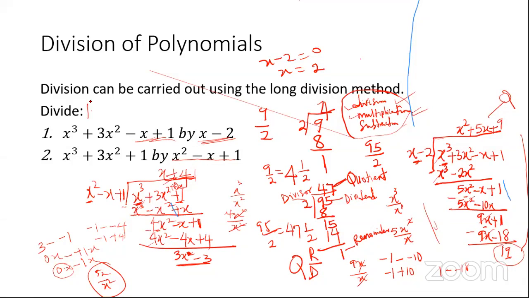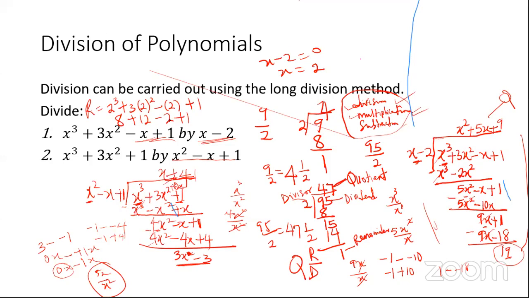So our remainder will be equal to 2 raised to power 3 plus 3 times 2 raised to power 2 minus 2 plus 1. 2 raised to power 3 is 8. 2 raised to power 2 is 4. 4 times 3, 12. Minus 2 plus 1.